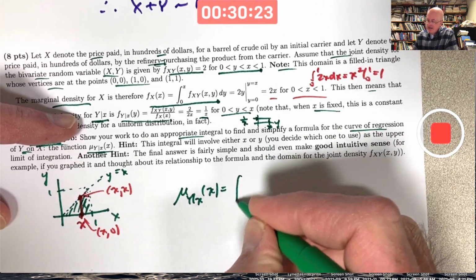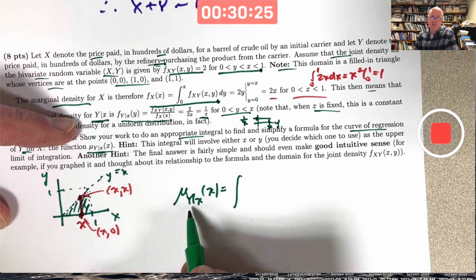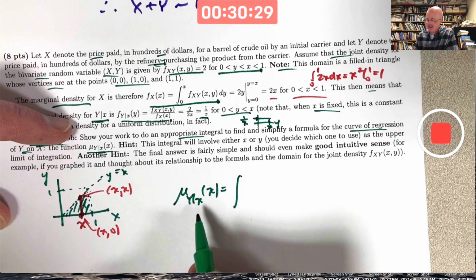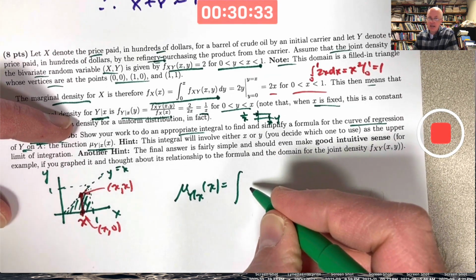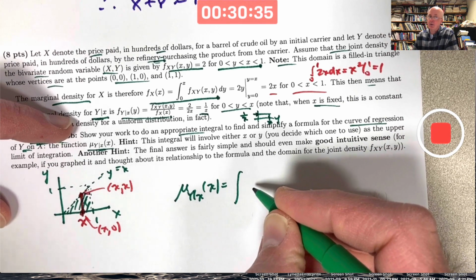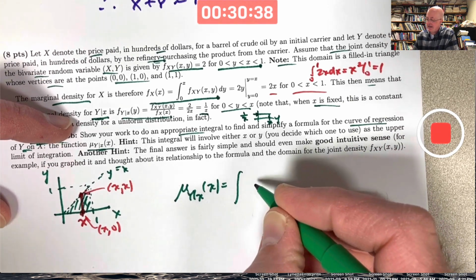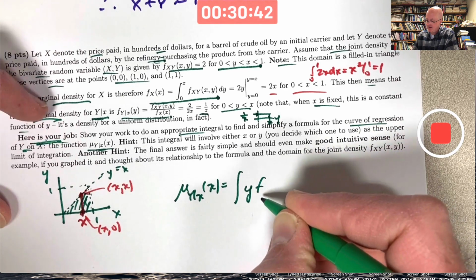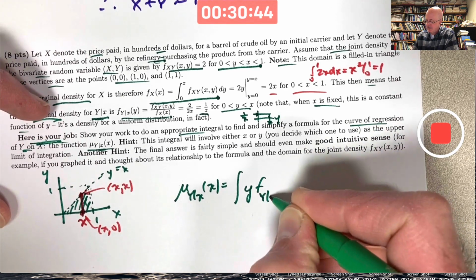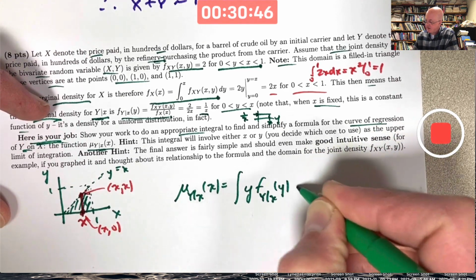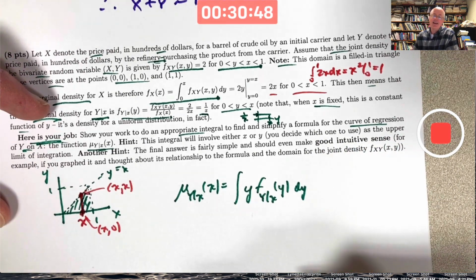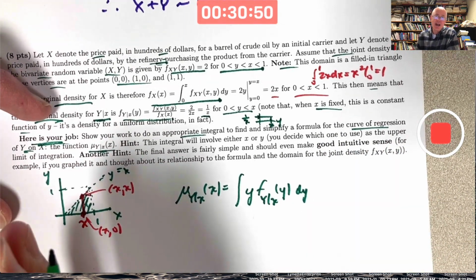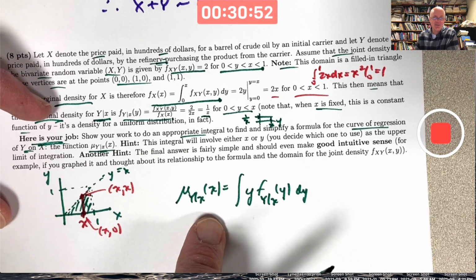We're doing a mean of a y variable, a conditional y conditioned on capital X equaling little x. It's a mean with respect to y. It's an integral with respect to y. An integral for the mean, it means I need to multiply the variable times the PDF with respect to y. And then in the end, the answer is going to depend on x. And so we could say it's a function of x.